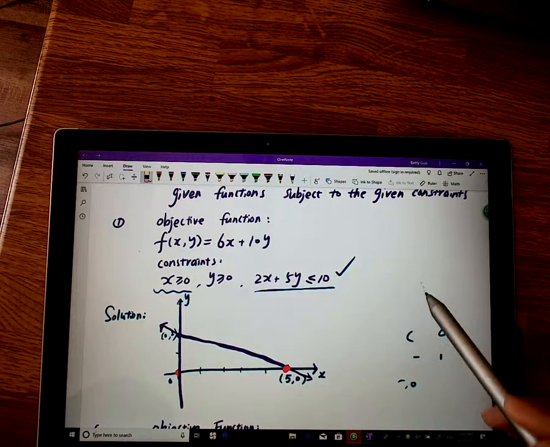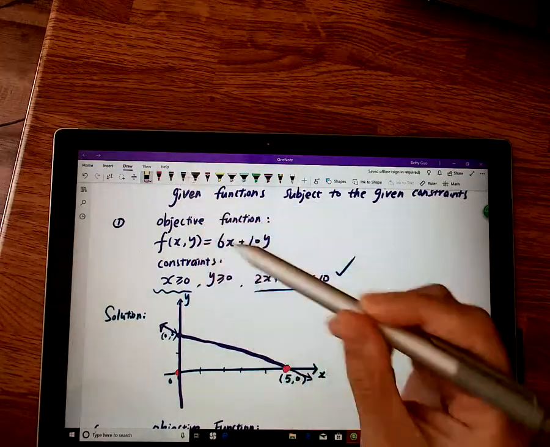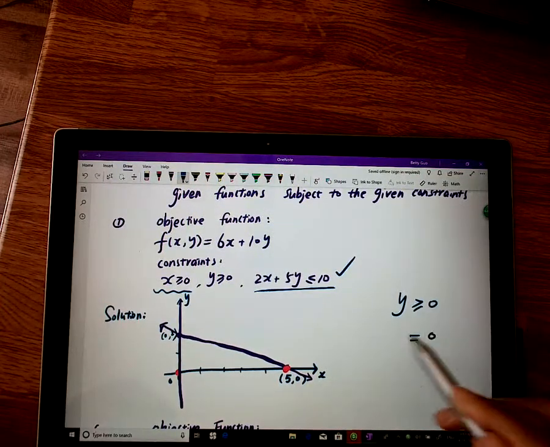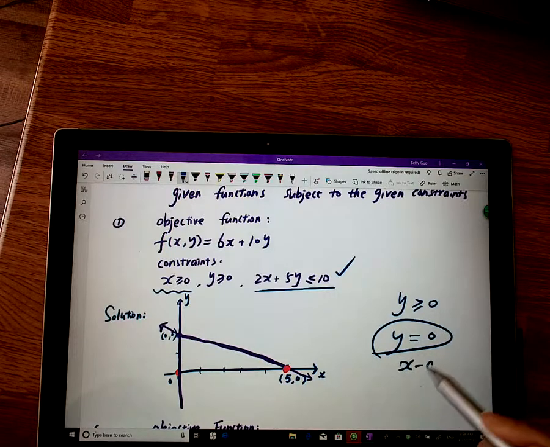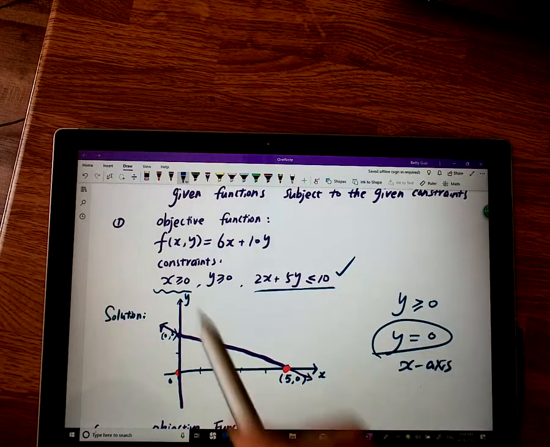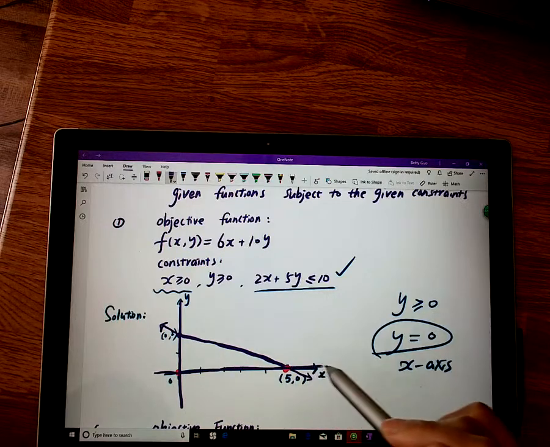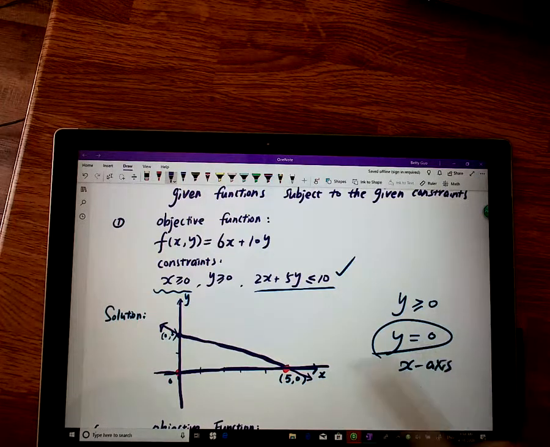The last one, y bigger than or equal to 0. The boundary is a horizontal straight line, which actually is the x-axis. And we can find the testing point.